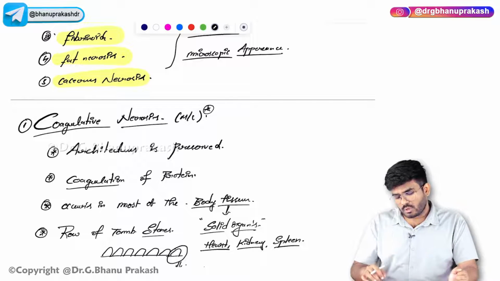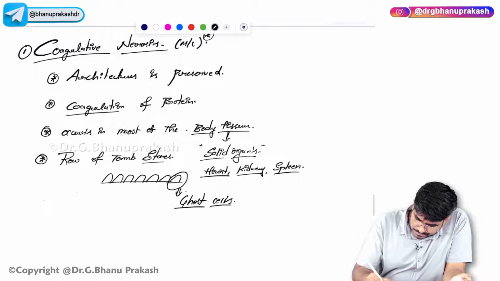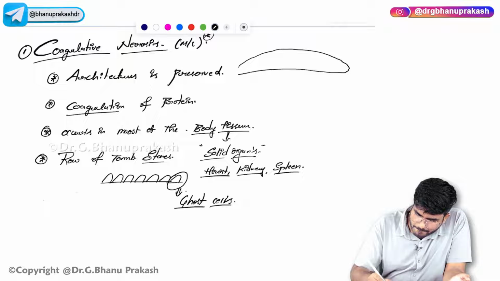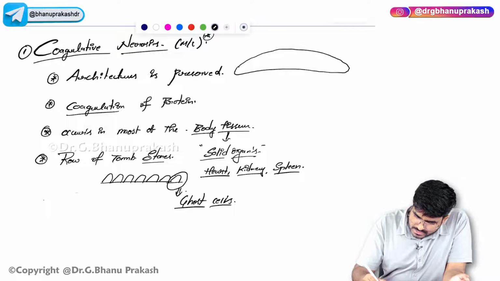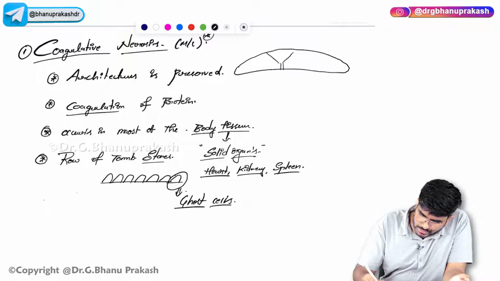Most of the time, imagine this is a tissue, and this tissue is getting proper blood supply. Imagine this is the blood vessel which is supplying this whole area.